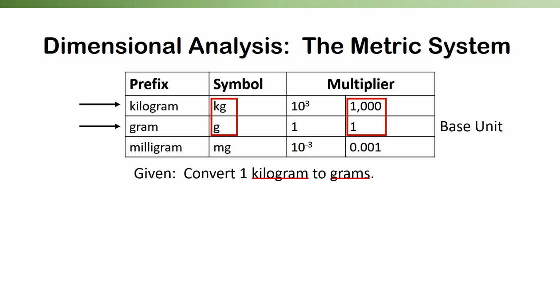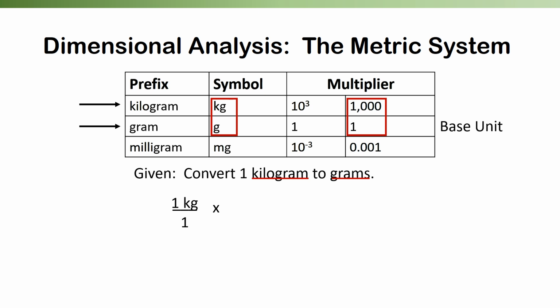In another example, I'll actually use exponents, but for now, we're just going to stick with the numbers. So let's set up our equation, and then I'll explain how we're going to use the information that we've identified in this chart to create our conversion factor. So when we solve a problem, our first step is to take our given, which is 1 kilogram, and make it into a fraction by putting it over 1. Now let's place our symbols for our conversion factor first.